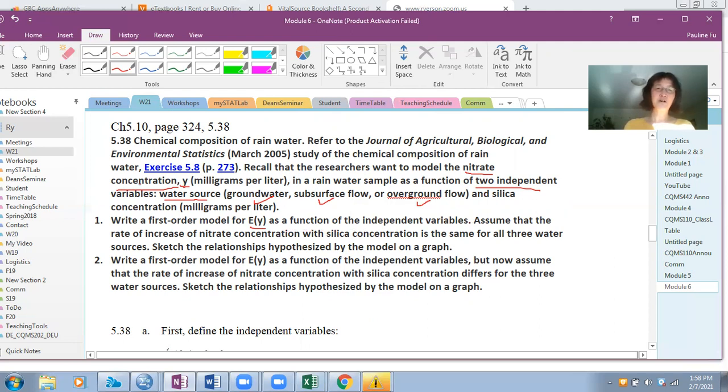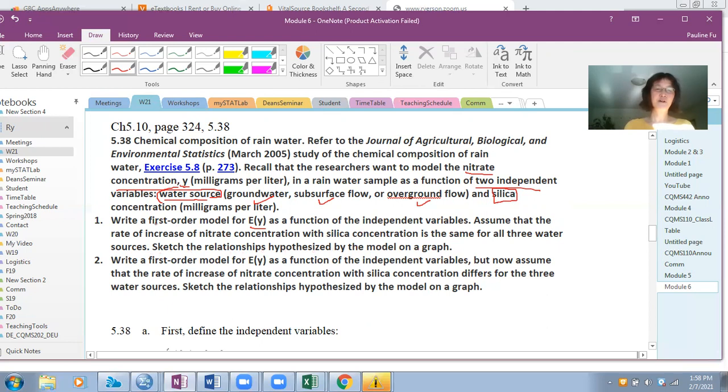One is water source, and the other is silicon concentration, two variables. Assume that the rate of increase of nitrate concentration with silicon concentration is the same for all three water sources. Then sketch the relationship given by the model on a graph.